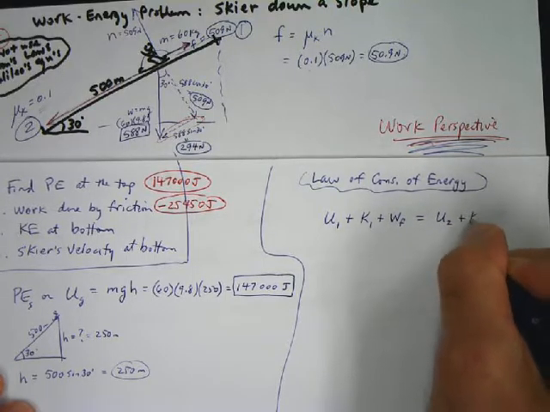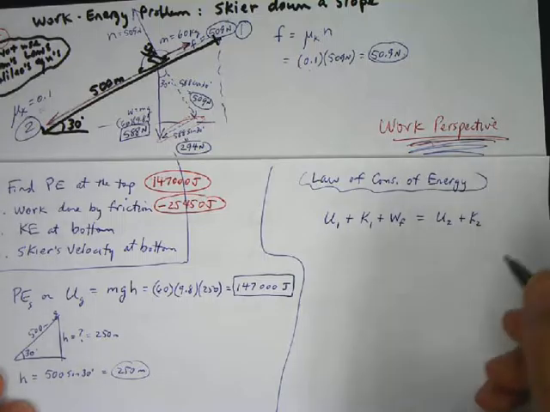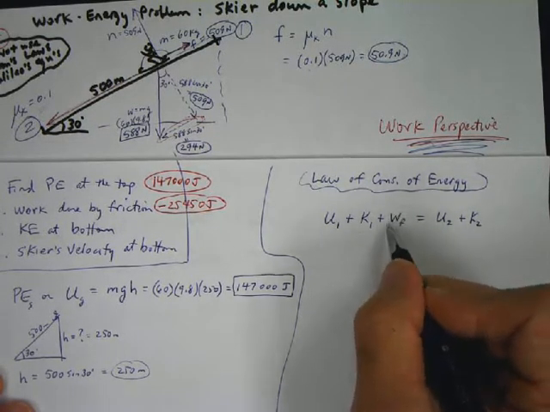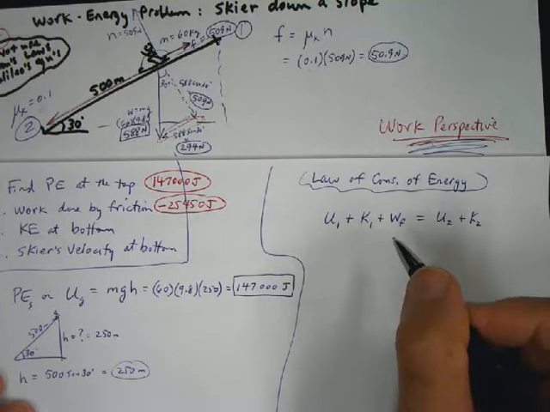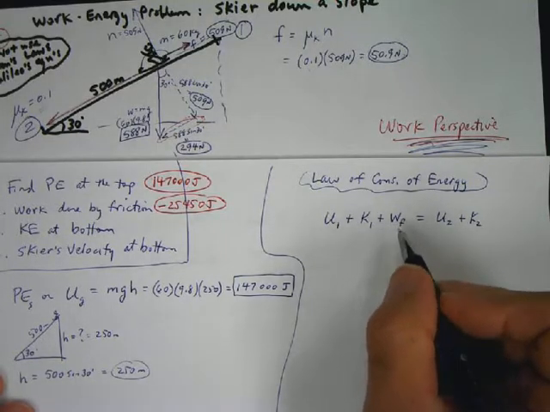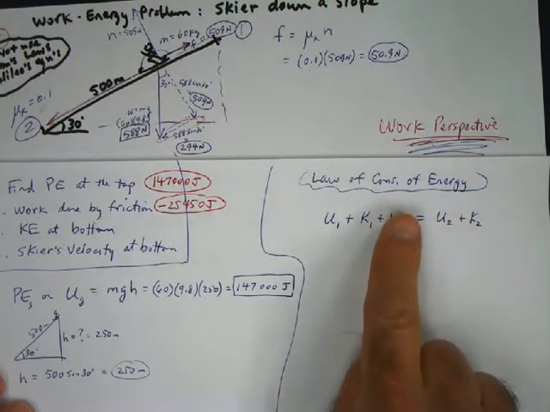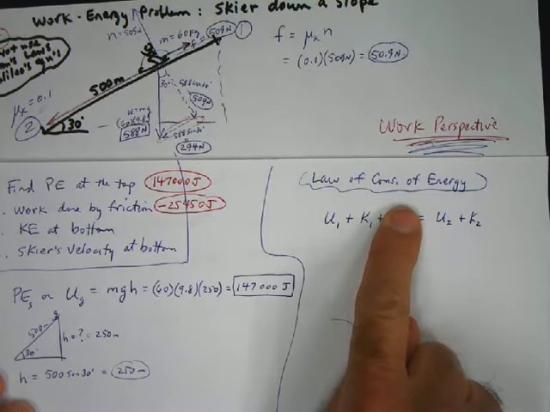Now we have to add that work done by friction because there is a non-conservative force involved in this problem. If there wasn't friction, then it would just be U1 plus K1 equals U2 plus K2. But since there is friction, we have to add that term in on this left-hand side.